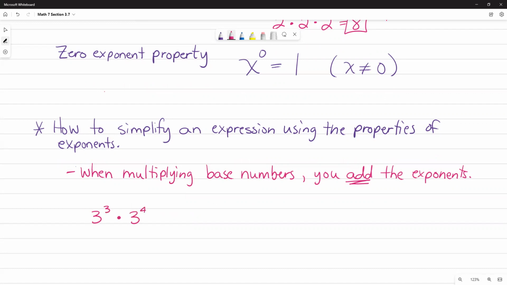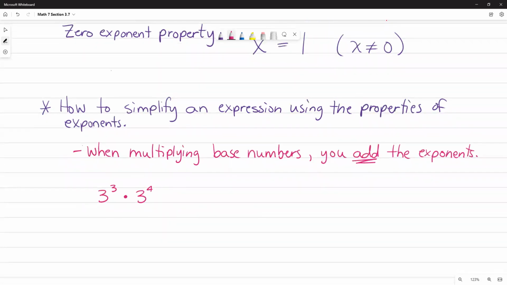Now, we could separate all of these out and do the multiplication. If you expand the powers, 3 to the power of 3 is 3 times 3 times 3, right? And we're multiplying that times 3 times itself 4 times: 3 times 3 times 3 times 3.